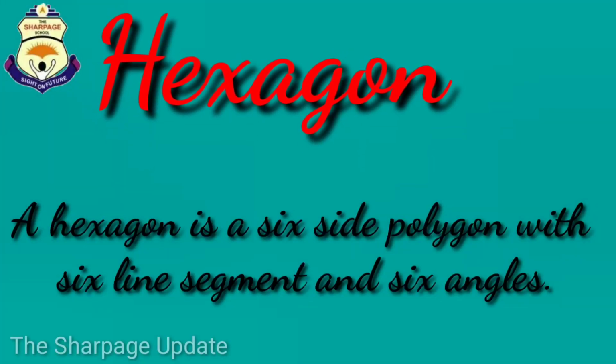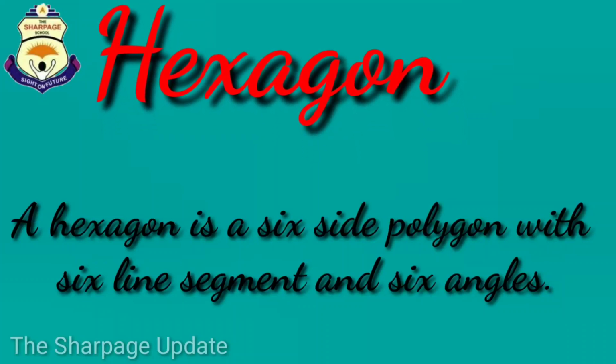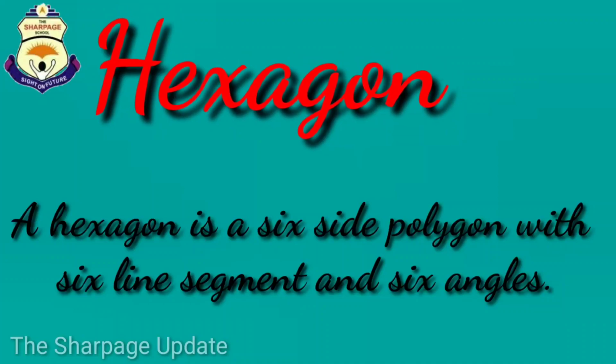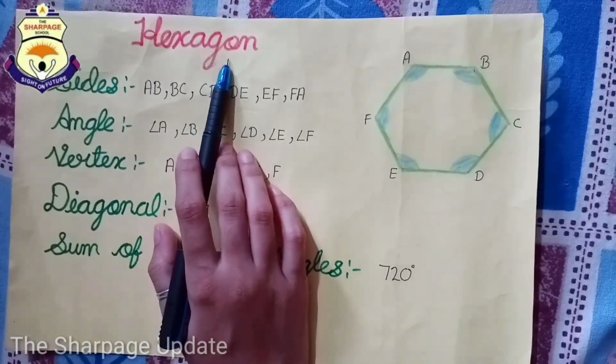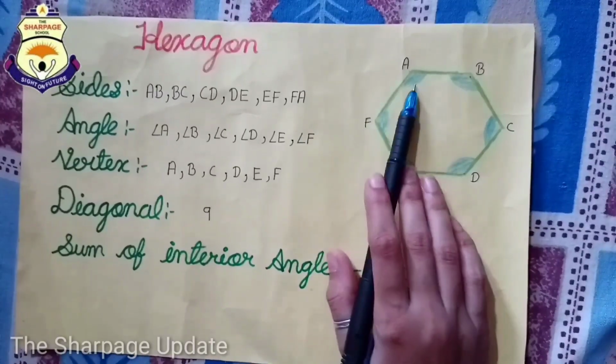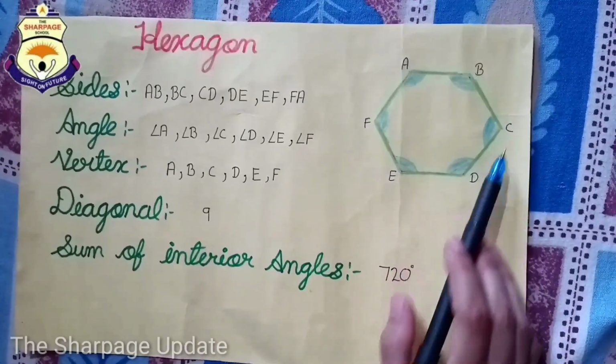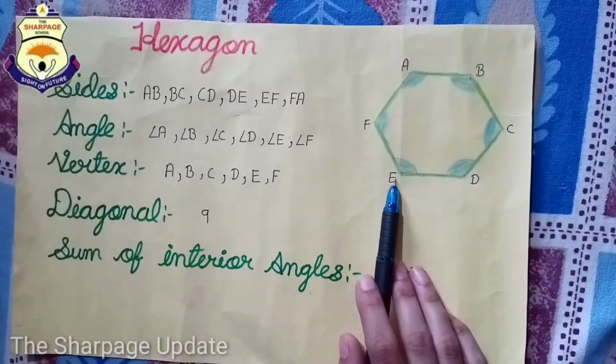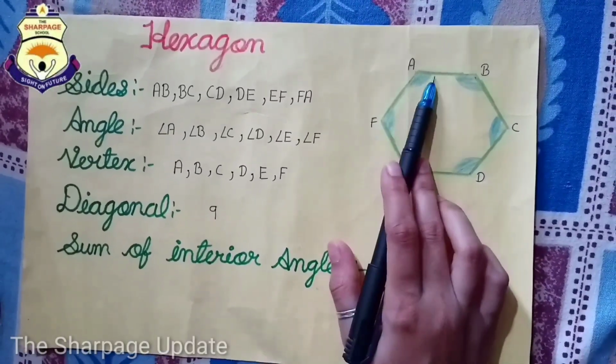Next is hexagon. A hexagon is a 6-sided polygon with 6 line segments and 6 angles. This is a hexagon, and in this hexagon 6 sides are AB, BC, CD, DE, EF and FA.